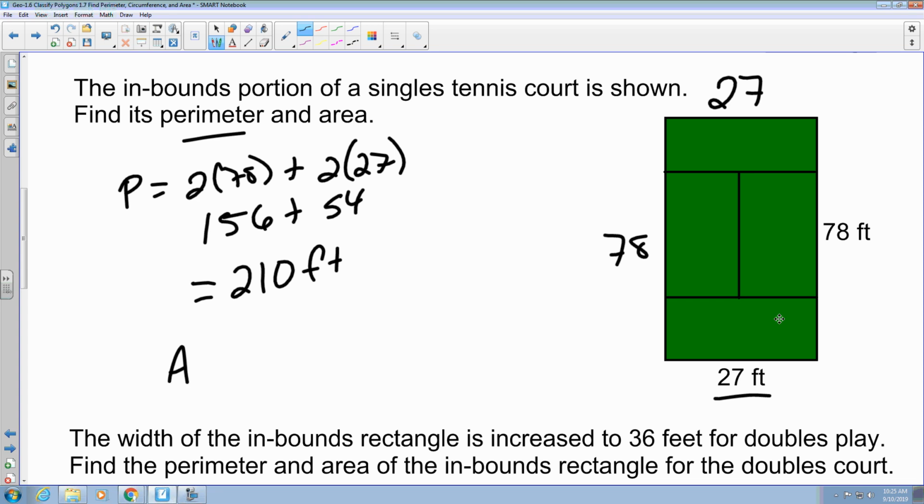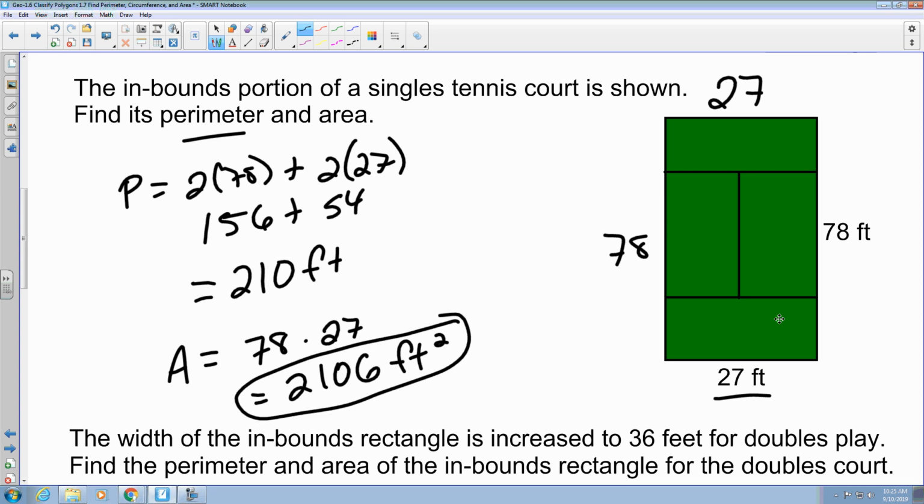All right, area is going to be length times width. Length is 78, times the width, which is 27. 78 times 27 is 2,106, and because we're dealing with area, it's going to be square feet. Even though it's written as feet squared, that's not how you say it. It's said as square feet.